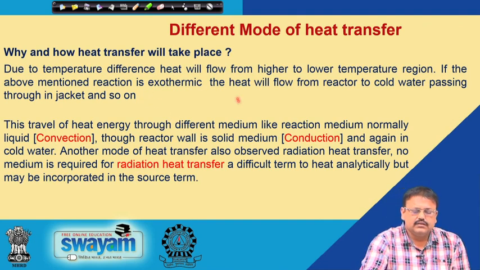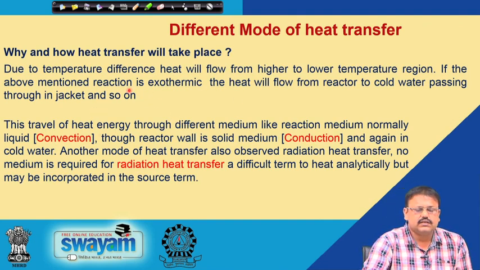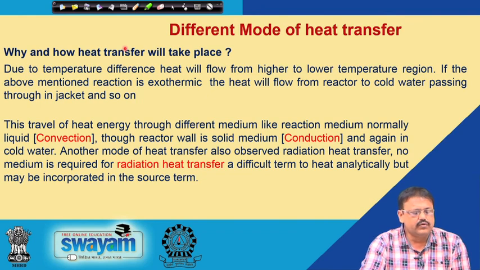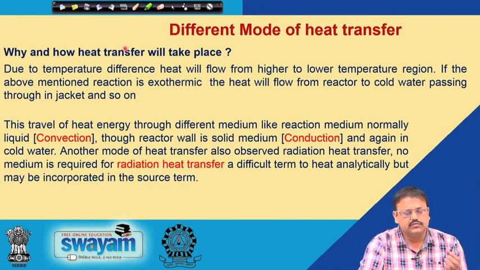In these types of systems, three types of heat transfer normally occur. When the system is working, the fluid of the system is getting heated due to the exothermic reaction.